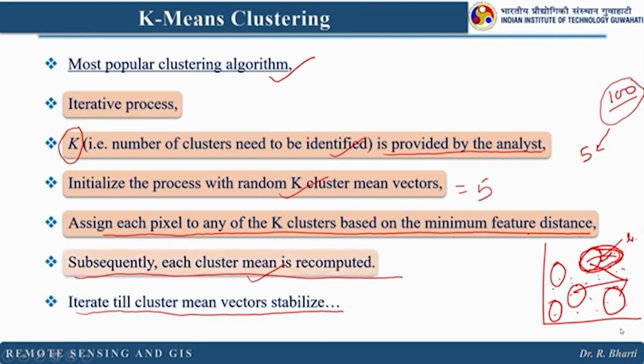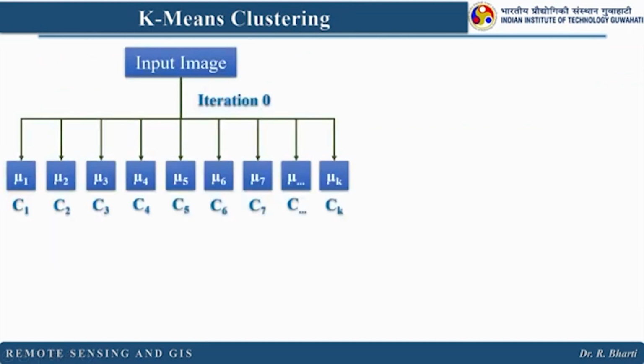Then that will be your final clusters, right. To understand it in a better way, you have an input image, and in iteration 0, as I told you, the system will start with random k values. Now for each cluster it will calculate the mean, then calculate the minimum feature distance and assign the pixel to that class.